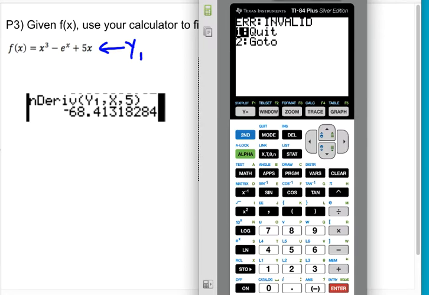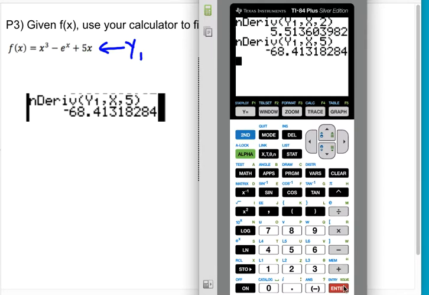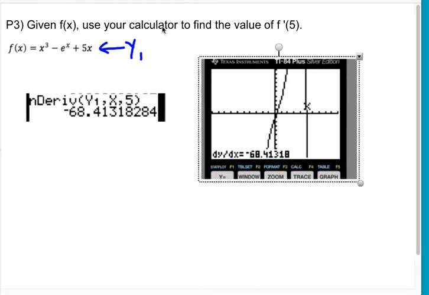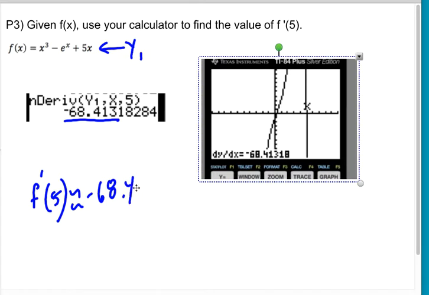So the caveat about using the graph method is that in either case, my answer is f prime of 5 is approximately this value, and whether I round or truncate, it's going to be about the same, because it's going to round and truncate to the same thing.